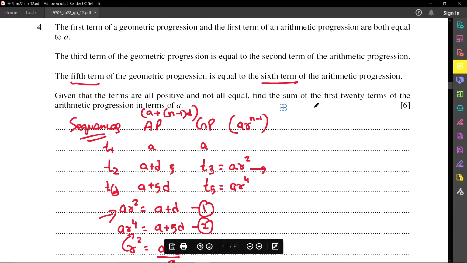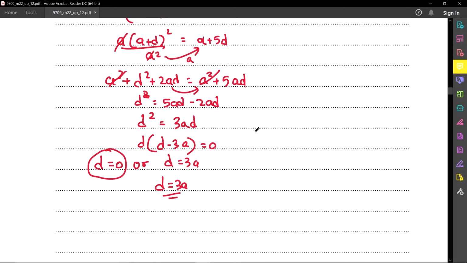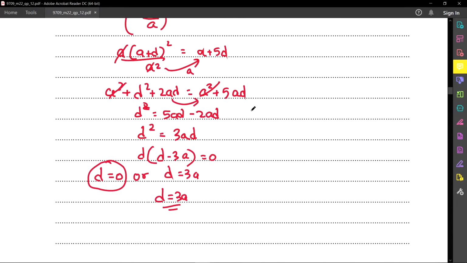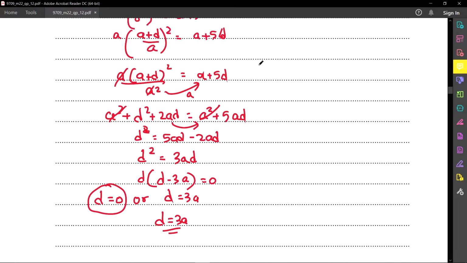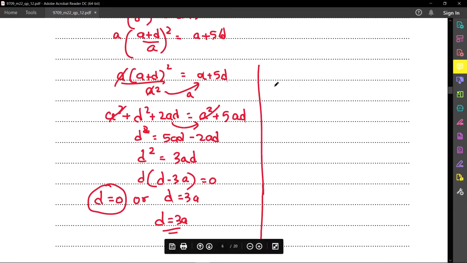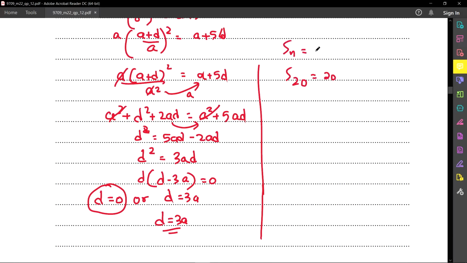But the question is, find the sum of the first 20 terms of the AP in terms of a. We want the sum of the first 20 terms, which will be S20. You can use a formula: Sn equals n by 2 into 2a plus n minus 1 times d.